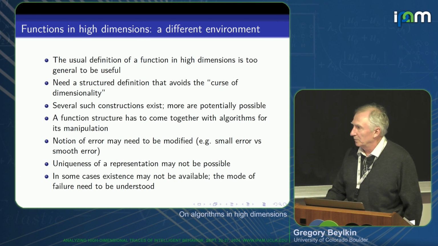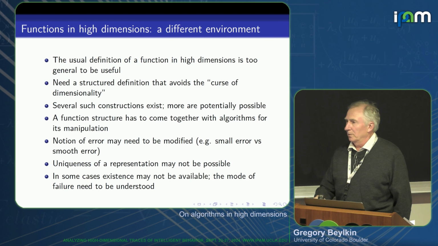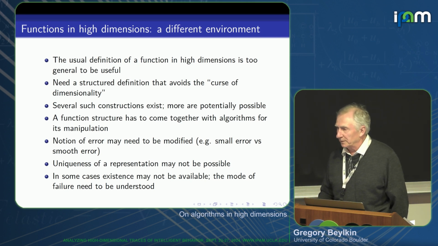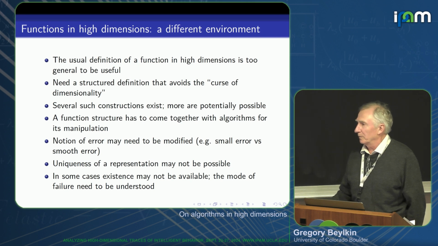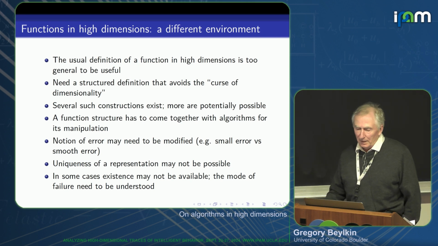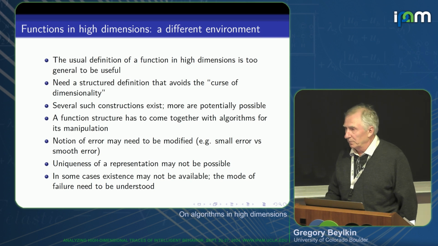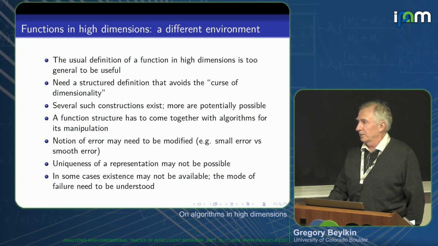None of this worked. Such constructions always had constants to the power of the dimension. So if you want to deal with the curse of dimensionality, you need to do something else. And the idea is to use some structure. So describe a function by a structure.